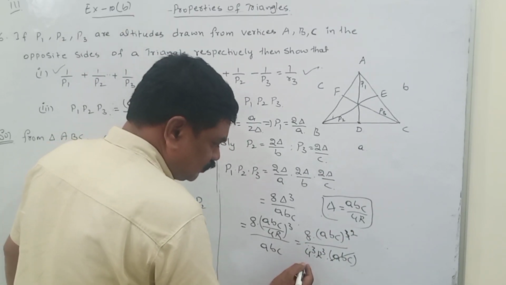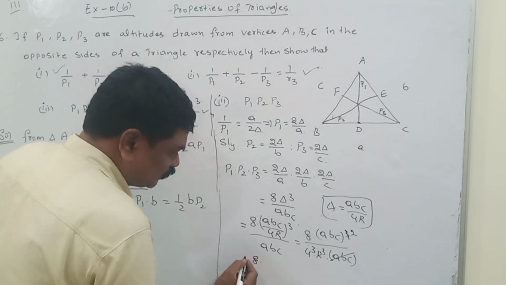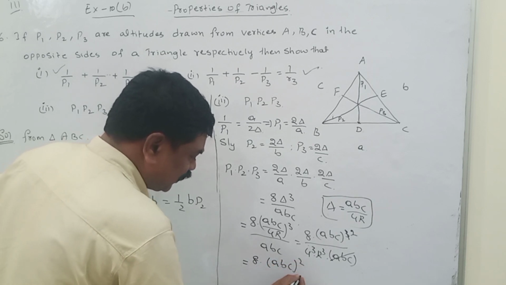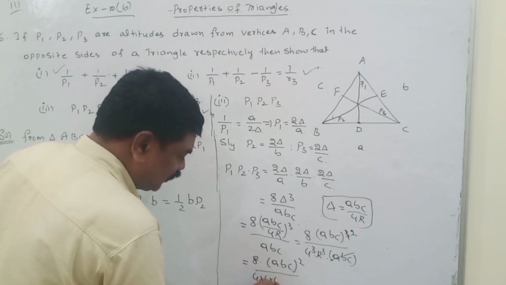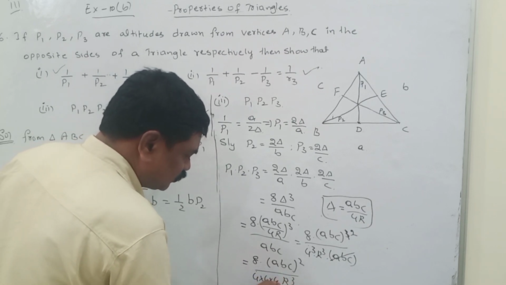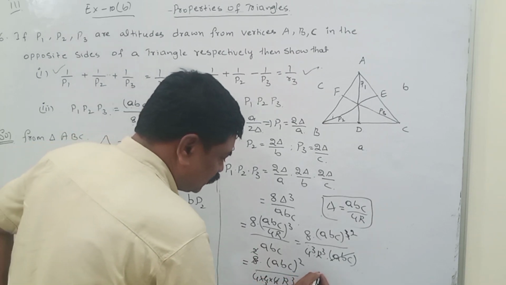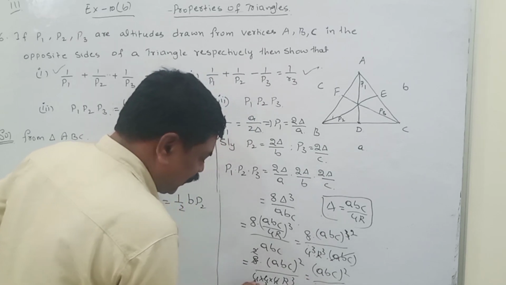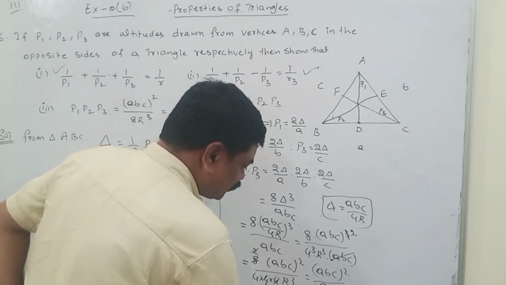And one more, this is equal to 8 into ABC whole square by denominator 4 into 4 into 4 R cube. 4 twos are 8. So this is ABC whole square by 8 R cube.